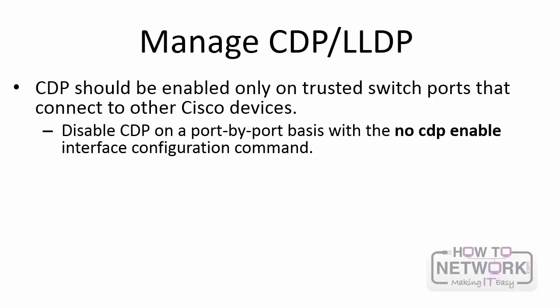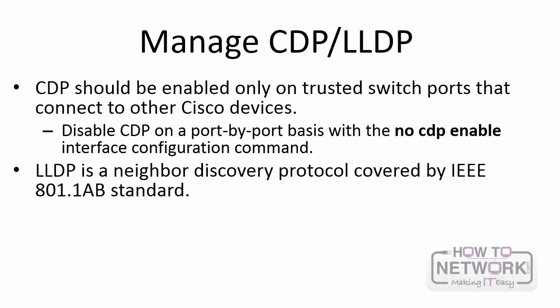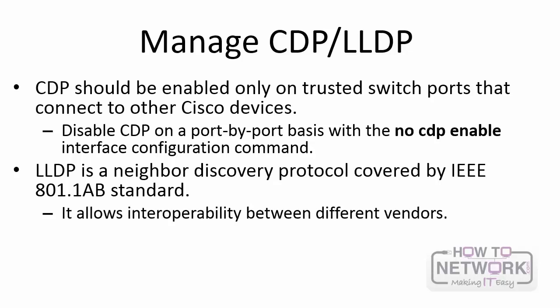Now, LLDP is also a neighbor discovery protocol, and this protocol is covered by the IEEE 802.1AB standard. So it allows for interoperability between different vendors. Just like CDP, LLDP uses TLVs inside the messages to encode information about the system.